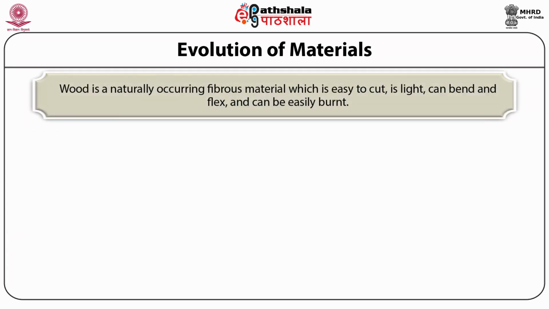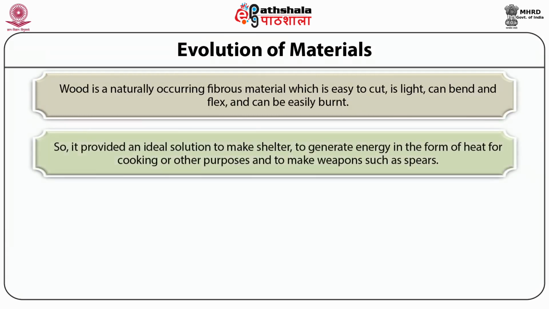Wood is a naturally occurring fibrous material which is easy to cut, is light, can bend and flex, and can be easily burned. So it provided an ideal solution to make shelter, to generate energy in the form of heat for cooking or other purposes, and to make weapons such as spears.